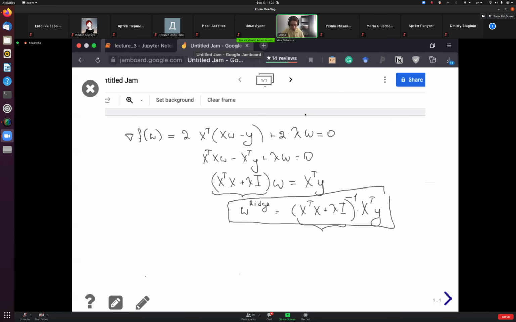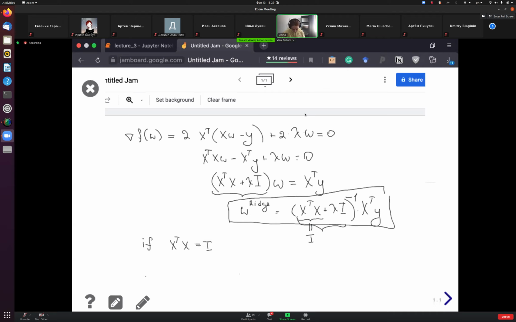Let's take a look at what we got here. If X transpose X is the identity matrix, then we have identity plus lambda times identity to the power -1.